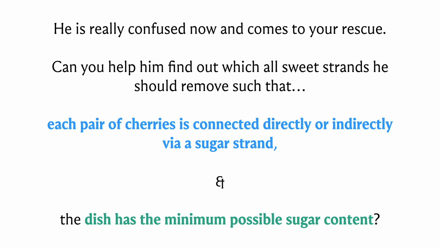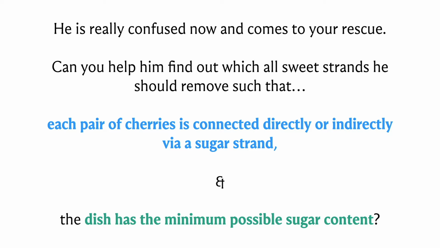The second condition was that the cost of the roads that you build have to be as small as possible. So these conditions have a very similar flavor. The first condition says that every pair of cherries should be connected directly or indirectly, and the second condition says that you want to minimize the sugar content in the strands that you do decide to keep.